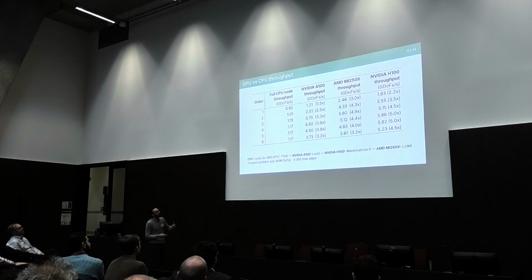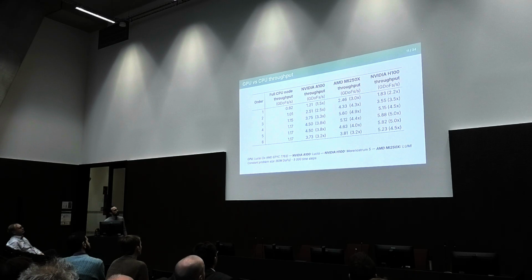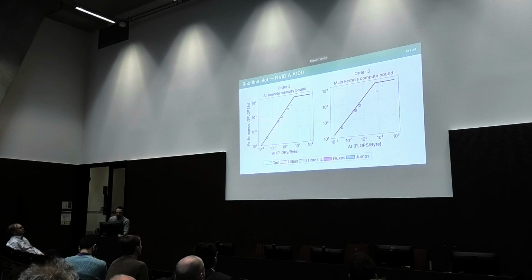However, on a single A100 we get almost the same performance as on 2 GCDs on LUMI, so it means we get lower performance on LUMI when comparing a single GPU to a GCD. And also, we don't get as much speedup on an H100 compared to the A100. Those results were disappointing, and we wanted to understand why.